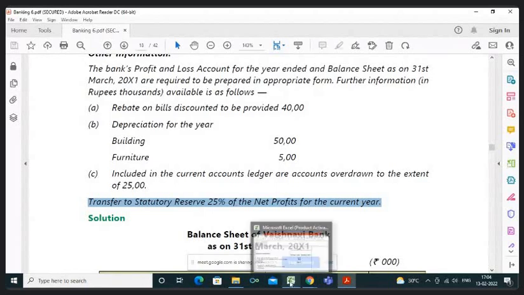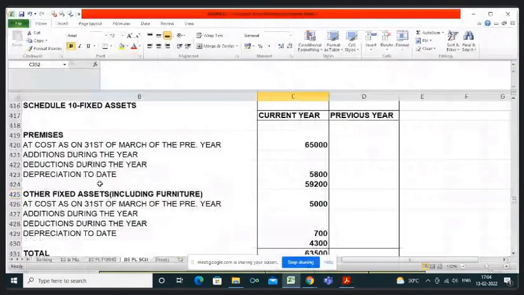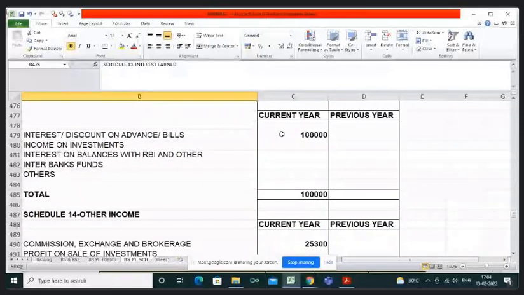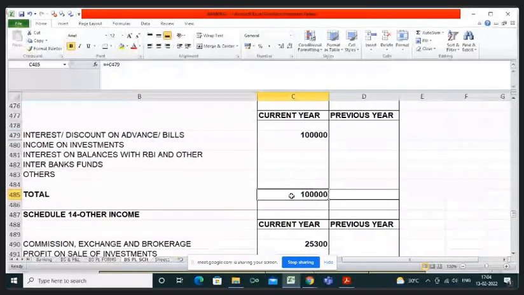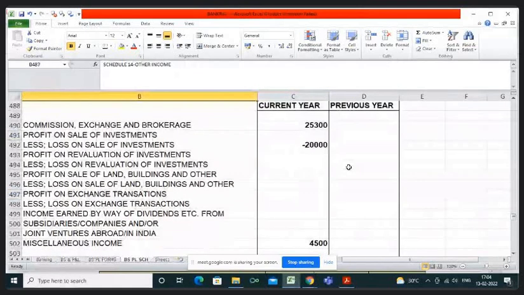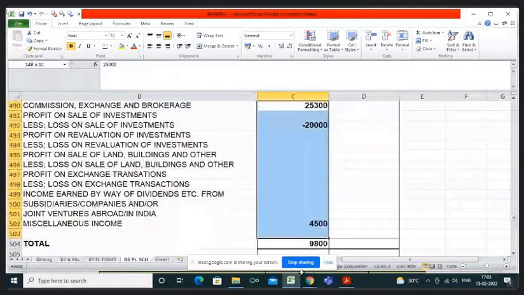So now what we have to do, we have to first complete balancing the schedules of the profit and loss account. So we'll start with Schedule number 13. We have to total that. Only one item is there and total is 100,000. Okay. Then we have to total Schedule number 14. In Schedule number 14, we have 3 items and the total is 9,800.